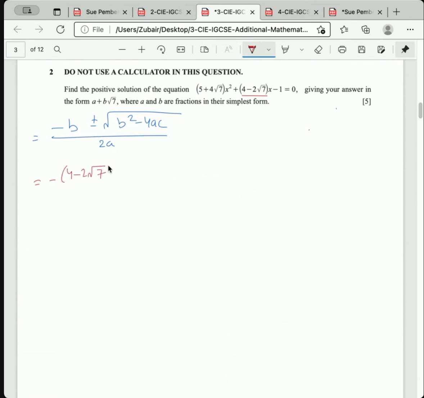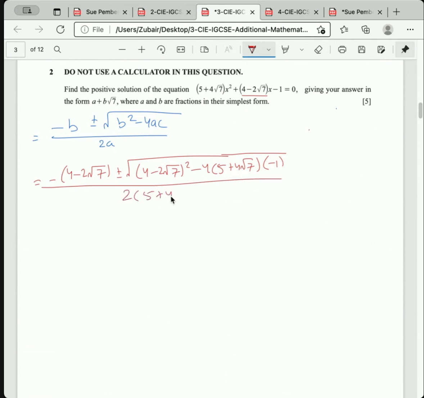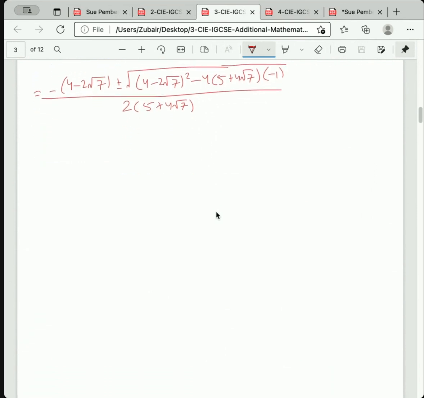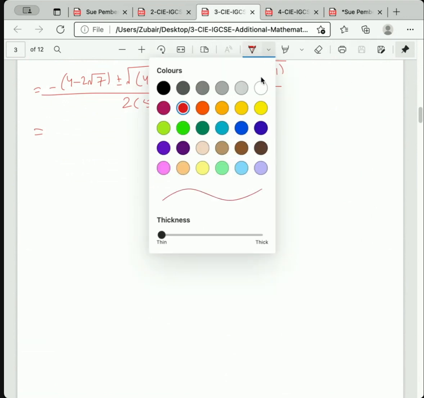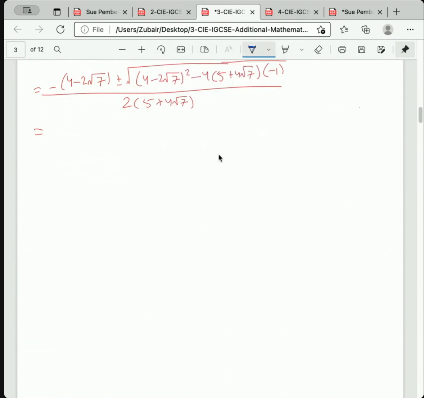So 4 minus 2 square root 7 plus minus square root of 4 minus 2 square root 7 whole square minus 4, a is 5 plus 4 square root 7 and c is minus 1, over 2 times 5 plus 4 square root 7. Unless I simplify the numerator, I'm not changing the denominator. Maybe something comes out and cancels with 2.